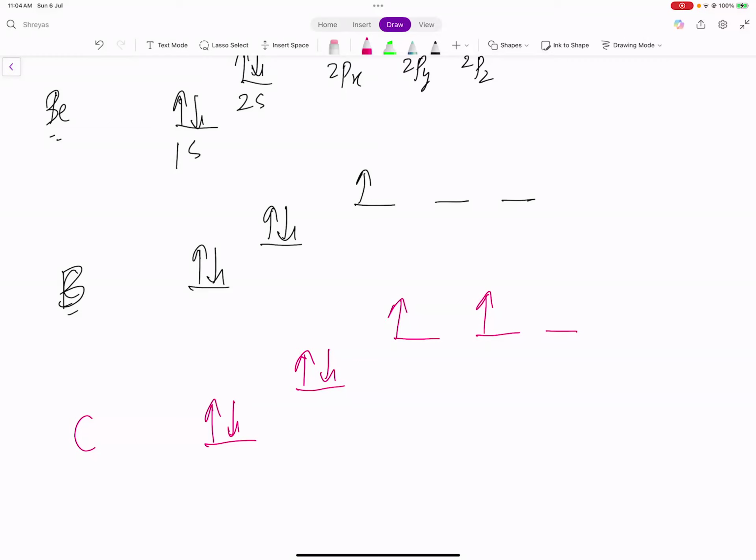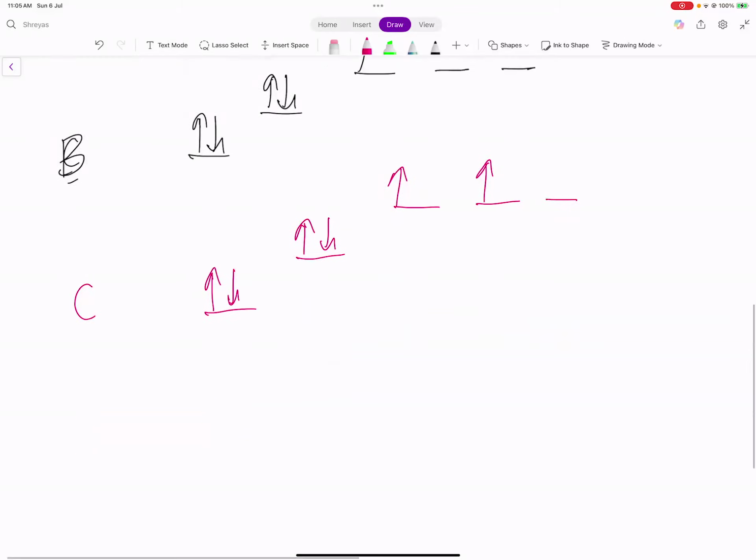Then neon, fluorine, there is one downward arrow on. So initially, each orbital will have a single electron with spin up, parallel spin, before pairing up. So carbon is like this.